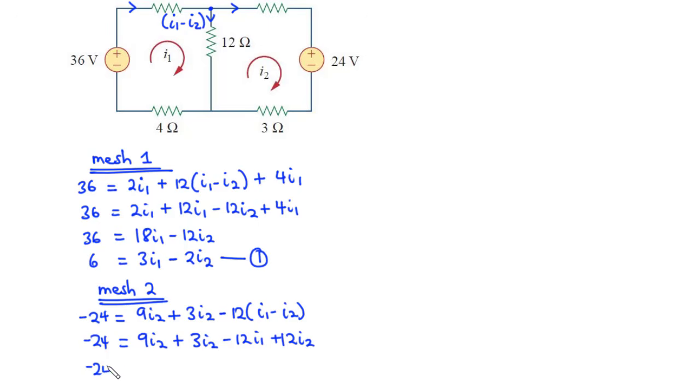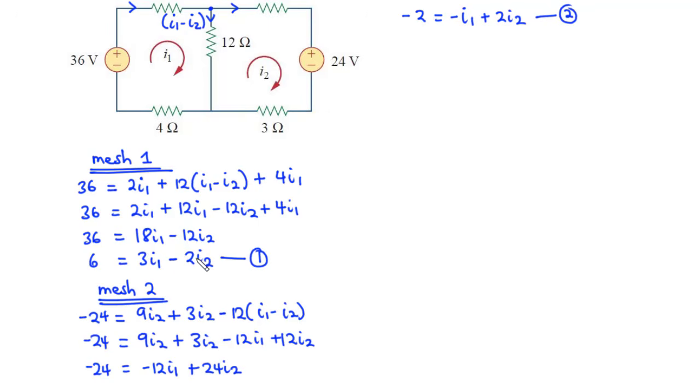So negative 24 equals, we have negative 12I1, and then 9 plus 3 is 12. 12 plus 12 is 24. So plus 24I2. Now we can divide through by 12, so that we have negative 2 equals negative I1 plus 2I2, and we call this equation 2.